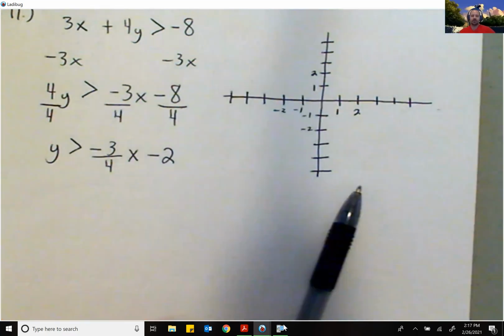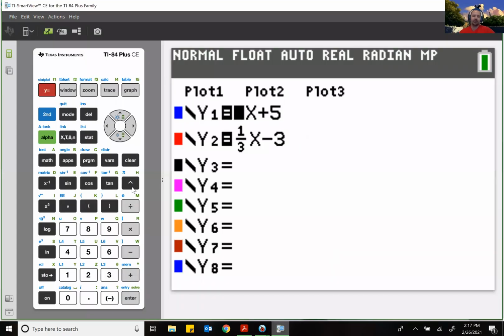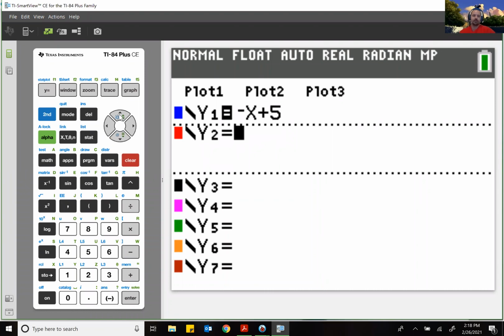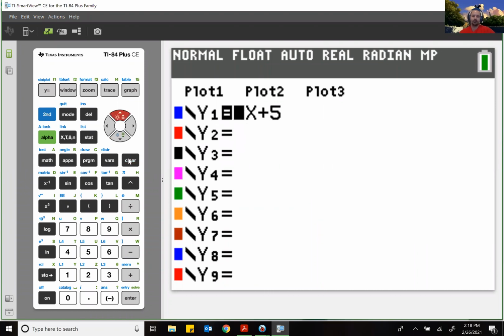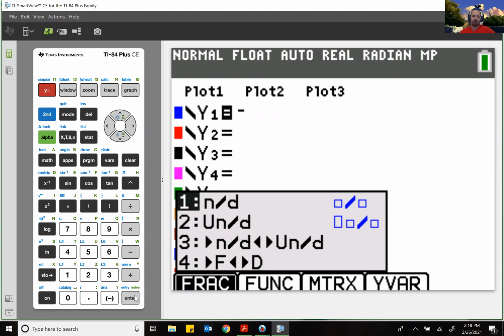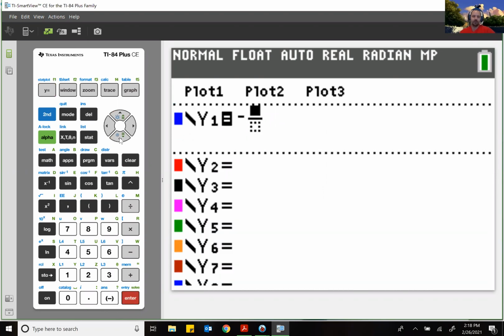Just like what we talked about before, I'm going to go into my graphing calculator and get what this equation looks like. So we've got a negative 3/4. So alpha, y equals negative 3 over 4, hit my x, and then minus 2.